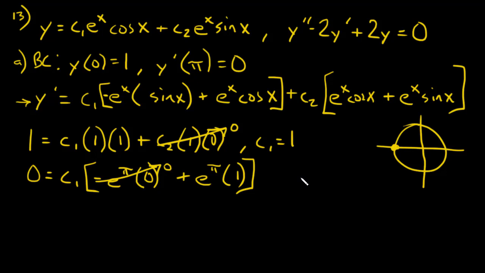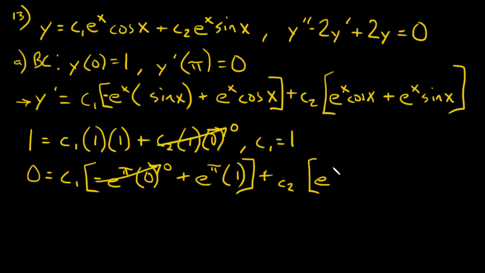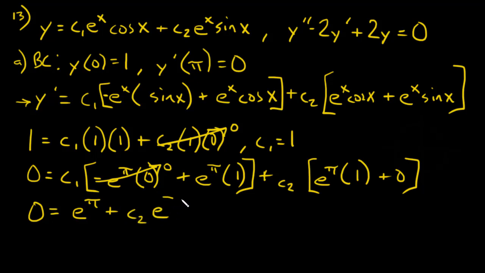And then I'm going to have plus C2. Should have kept my giant eraser, way faster than this. C2 times, it's going to be the same kind of thing. I'm going to have e to the pi times 1 plus 0. Now, my C1 is 1. So this winds up 0 is equal to e to the pi plus C2 e to the pi.